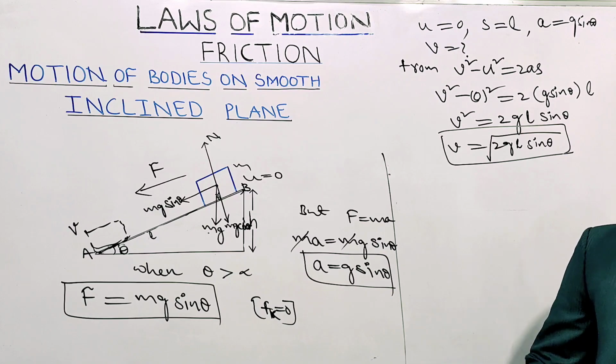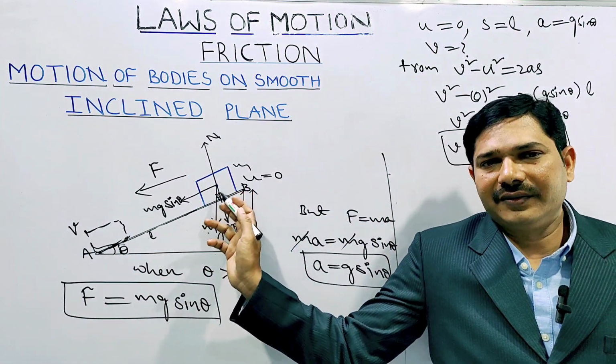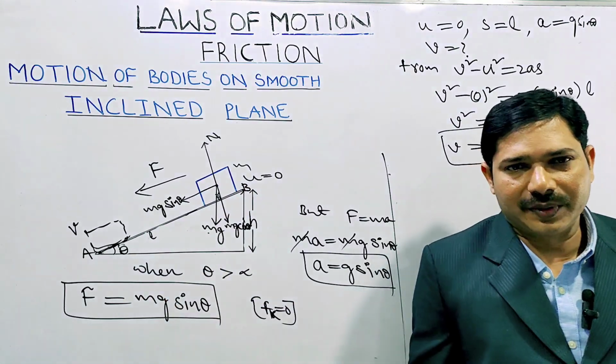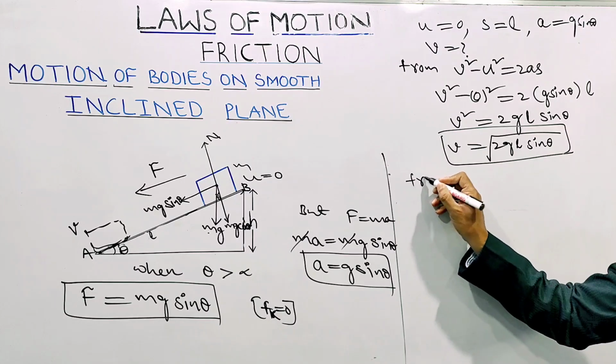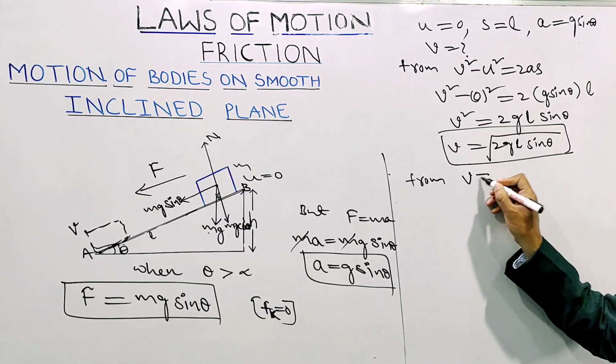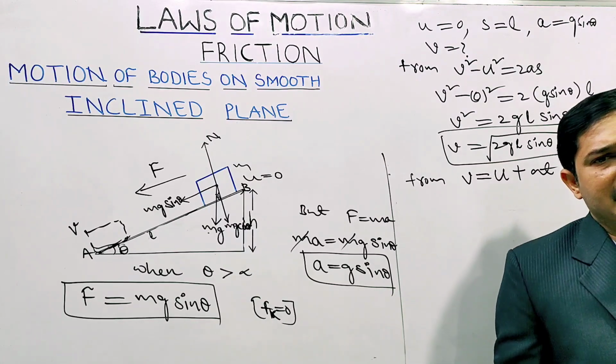The body is sliding down. How much time will it take to reach from top to bottom? So we will see from the formula V equal to U plus at, the first equation of motion.